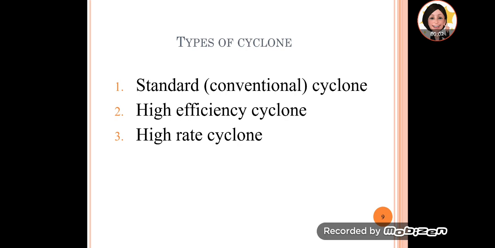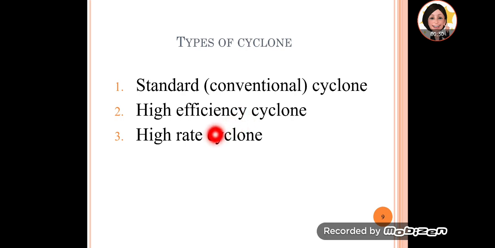Let's look into types of cyclone. The conventional type cyclone is known as the standard cyclone. This standard cyclone can be modified into a high efficiency cyclone and a high rate cyclone. High efficiency cyclone gives high recoveries but has relatively small inlet and gas outlet orifices.